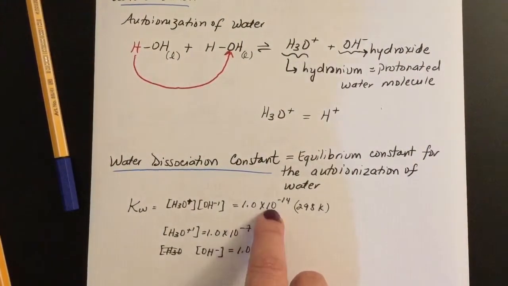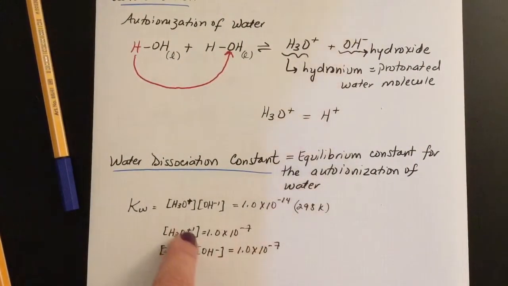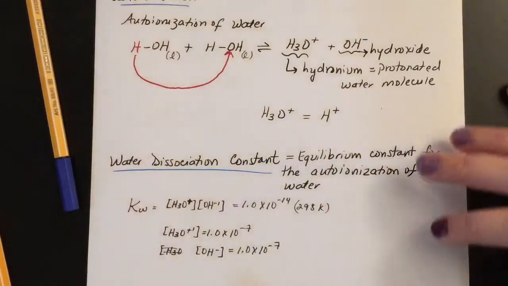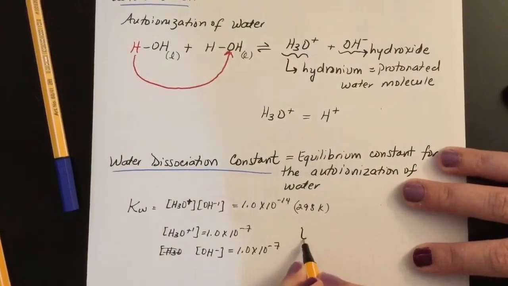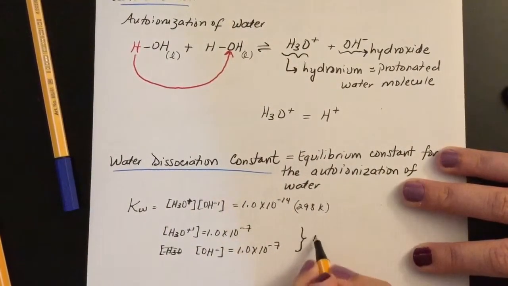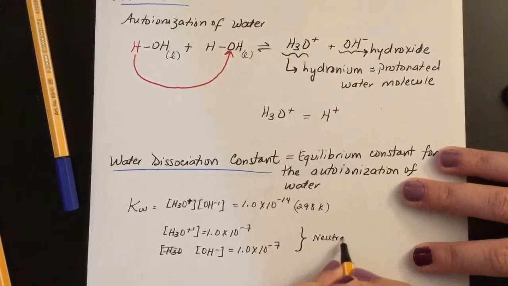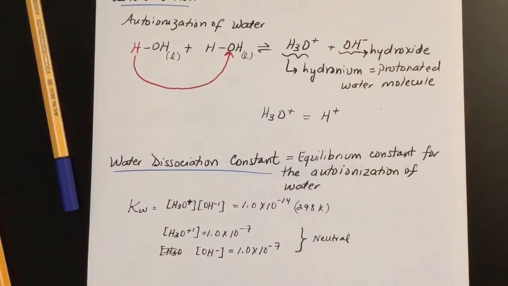So that 1 times 10 to the minus 14 represents these concentrations here for hydronium and hydroxide. Hydronium 1 times 10 to the minus 7, hydroxide 1 times 10 to the minus 7. You have exactly the same concentration, and that right there represents a neutral solution.